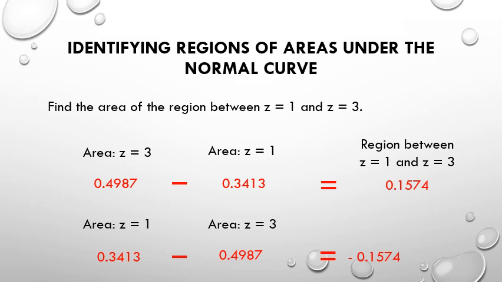So, that is negative 0.1574. But, since area man ang atong gisulti, so walay negative nga area. So, atong kuha ang ilang absolute value. So, the final answer will be 0.1574. Positive gyud siya always, kay area man siya. Nakaklaro?